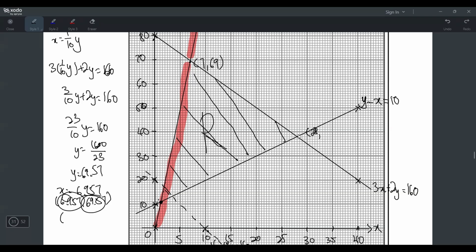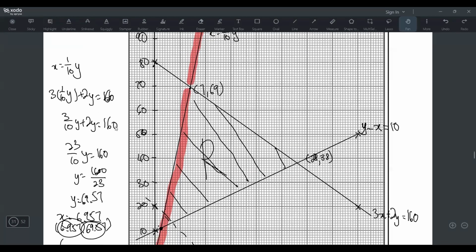It will be 40, 39, 38. So it's 38, right? So let's read again. 30, 28, 26, 27, 28, and then 38, right? So yeah, that's the coordinate.